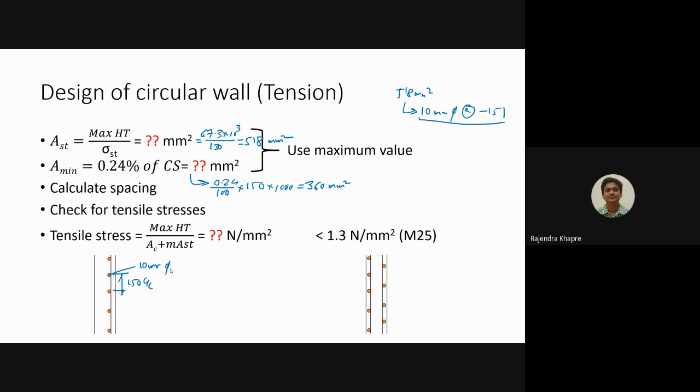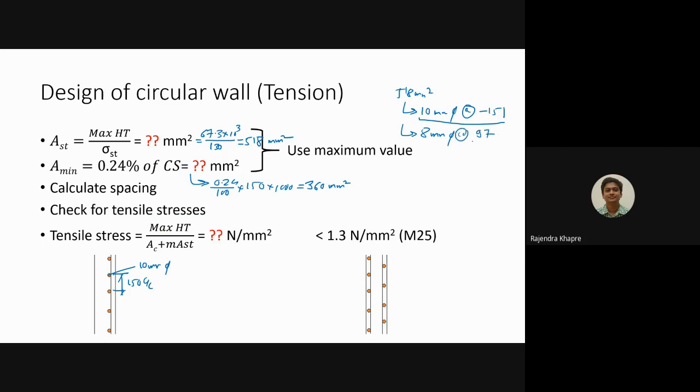So if you want to provide the reinforcement on both the sides, let us say we are providing 518, but in place of 10 dia bars, can you tell me how much will be the spacing for 8 dia bars? 97. Okay, so this is 97.